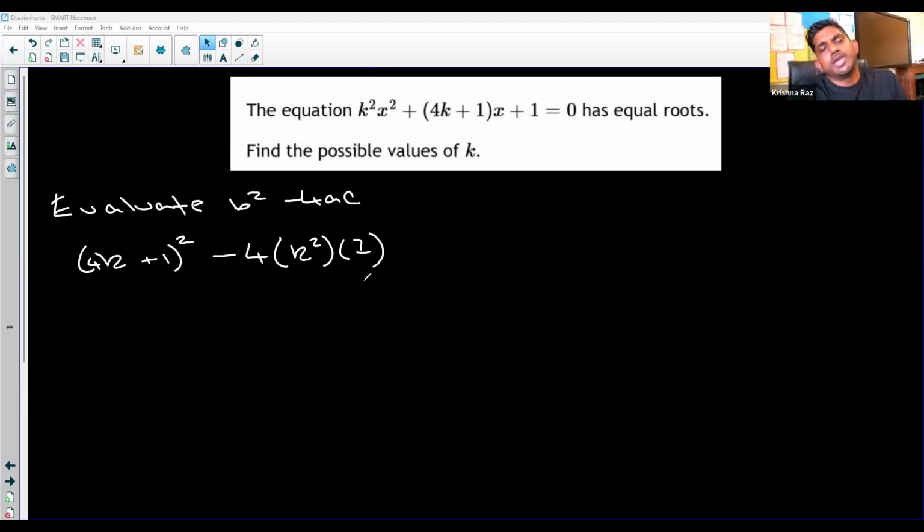So we don't need to put any x's in there. We're just putting the coefficients in. That's the important thing. And we're told it has equal roots. So we're going to set the discriminant equal to 0. So equal roots means one root.